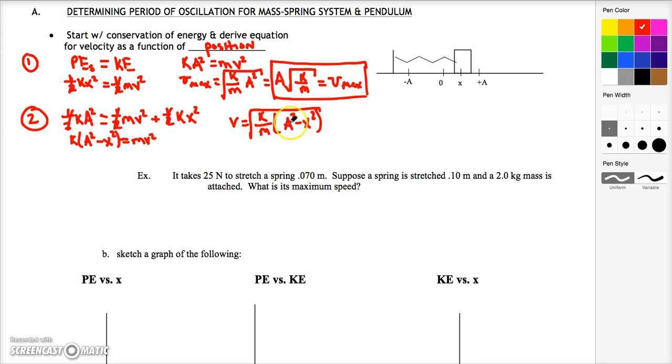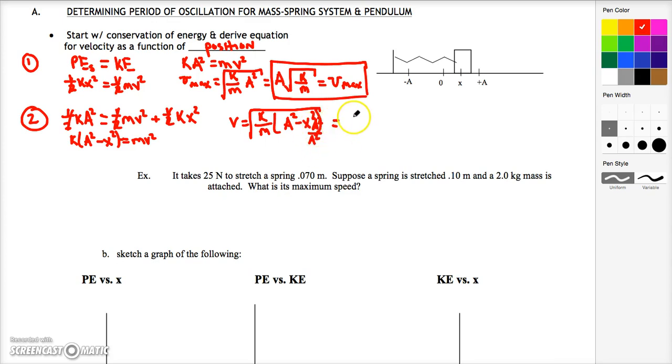Now I'm going to do a little trick here. I'm going to pull out an a squared from each term. You could say, well, how can I pull out an a squared here? There is no a squared. But what I'm going to do is multiply both the top and bottom by a squared, so I write an a squared over a squared. I can do that because this really is just 1, so it just makes it look a little bit different.